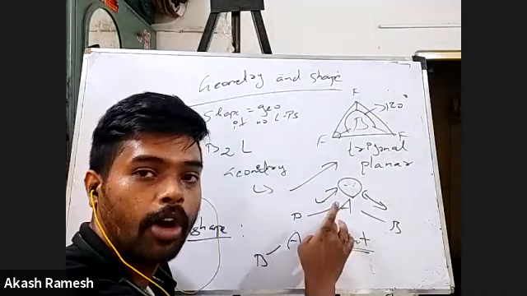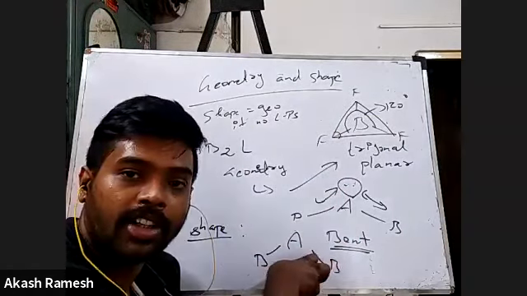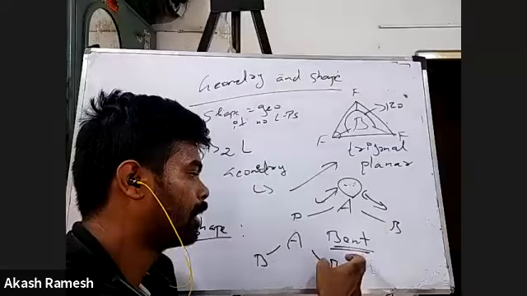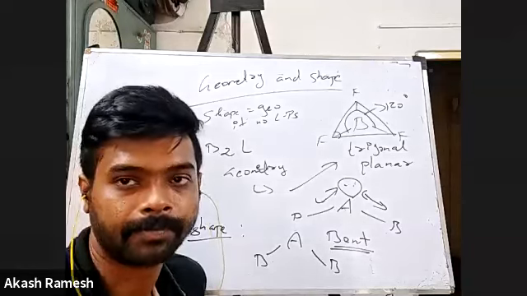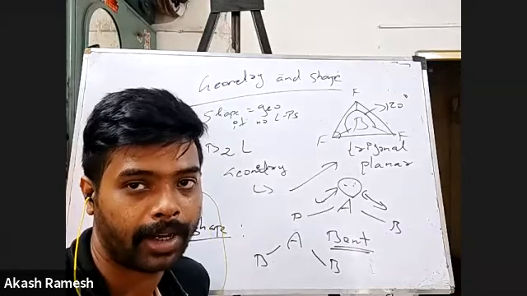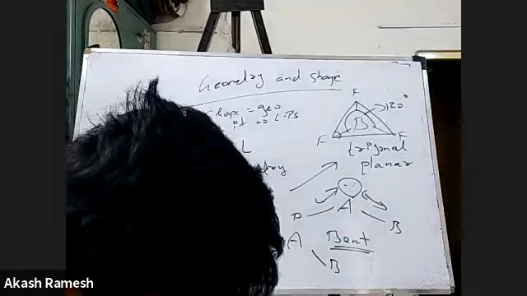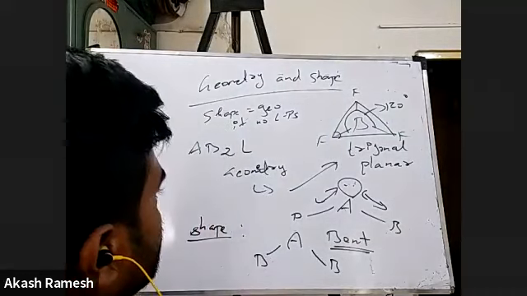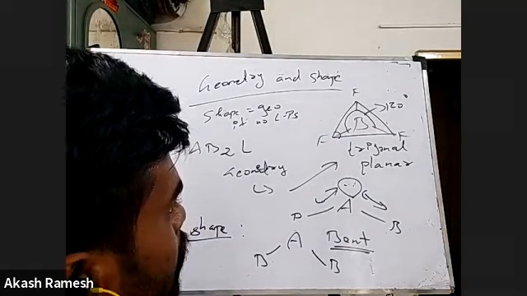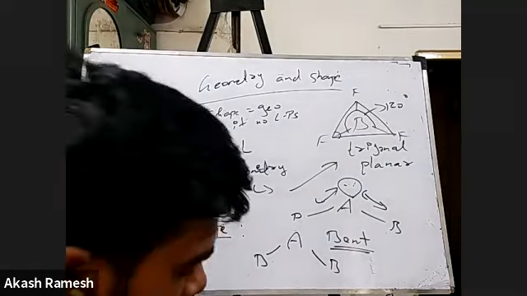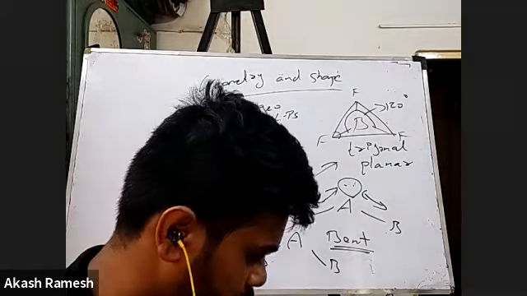Due to the lone pair bond pair repulsion, the bonds constrict, so I get a bent shape, and the geometry is trigonal planar. We'll take an example for AB2L. I think NO2 will be a good example.